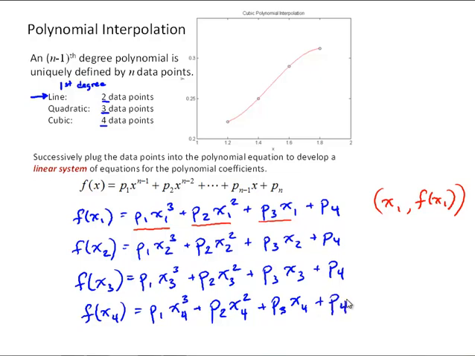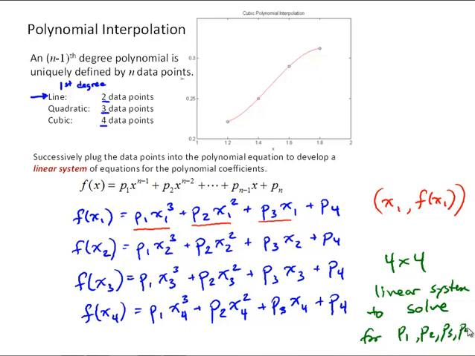And now we have a 4 by 4 linear system to solve for p1, p2, p3, p4.